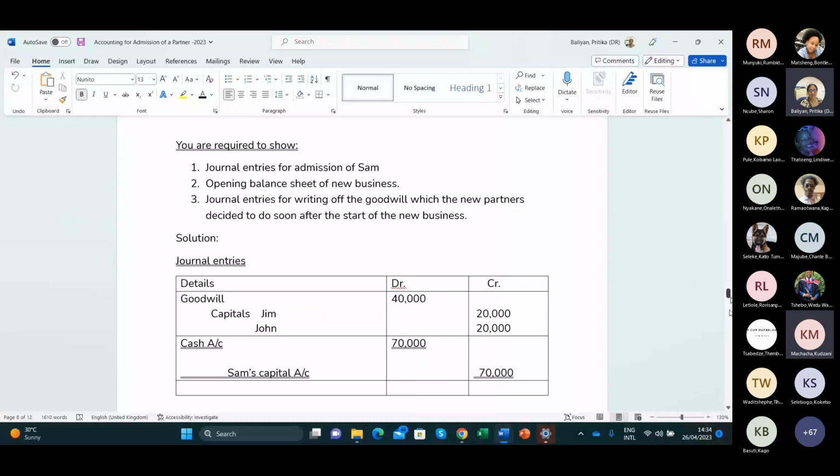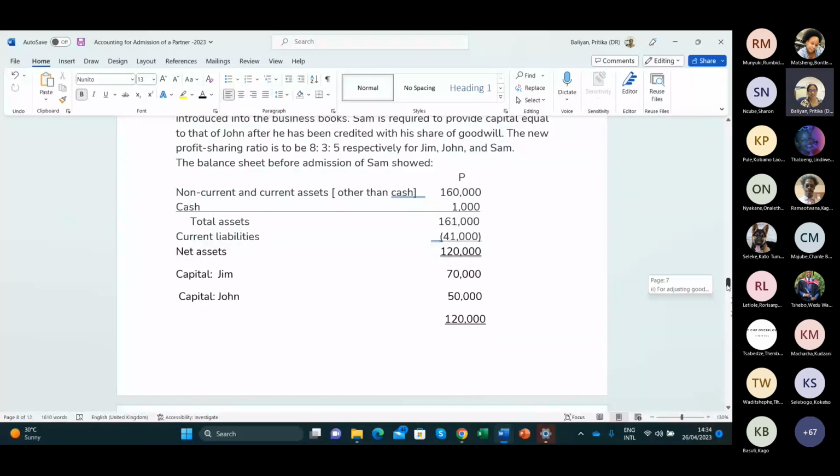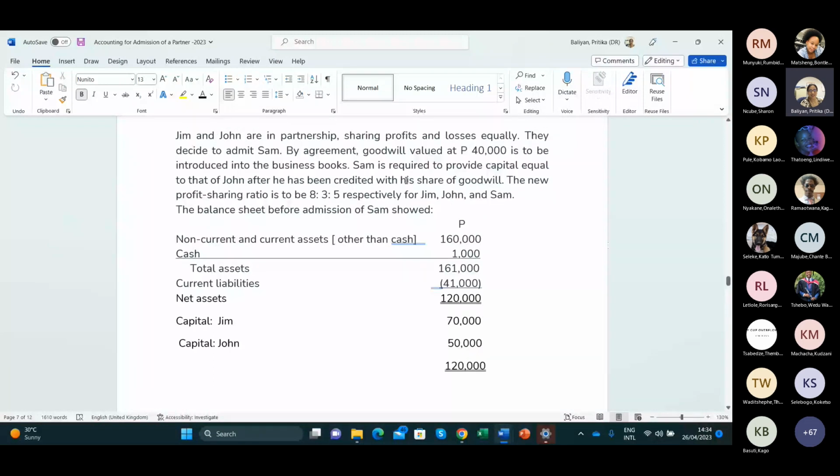They said Zim and John are in partnership sharing profit and loss equally. They decided to admit the new partner, Sam. By agreement, the goodwill valued at 40,000 is to be introduced into the books for the first time.